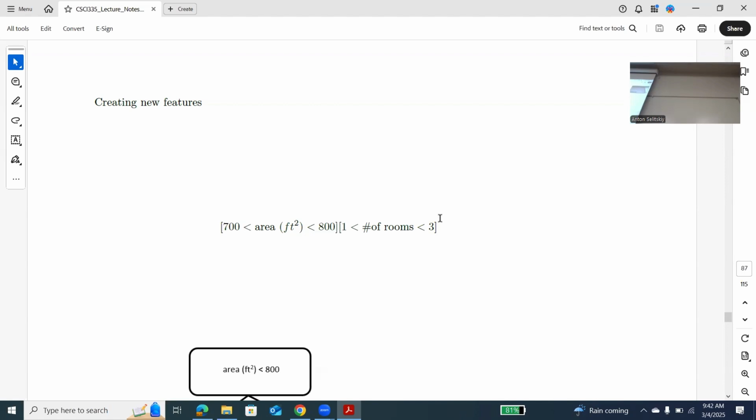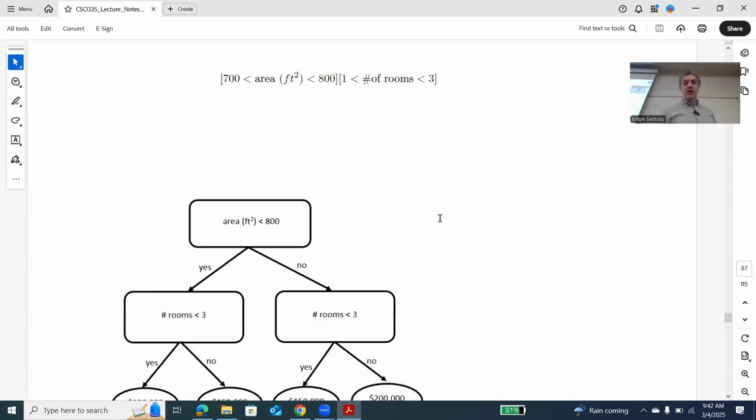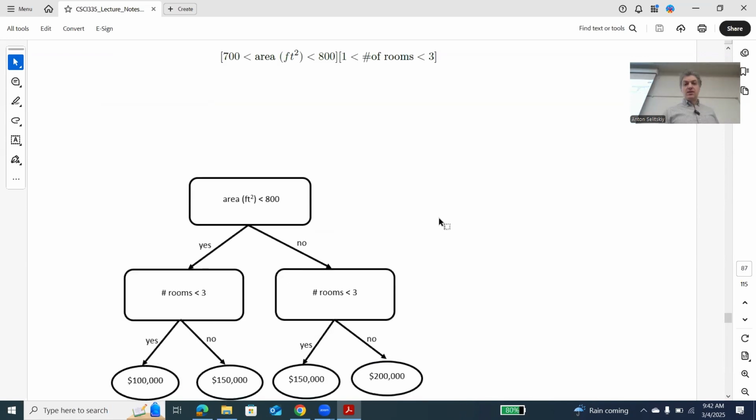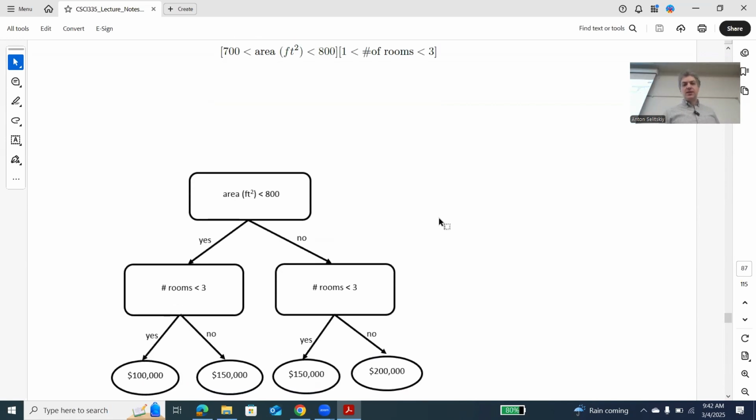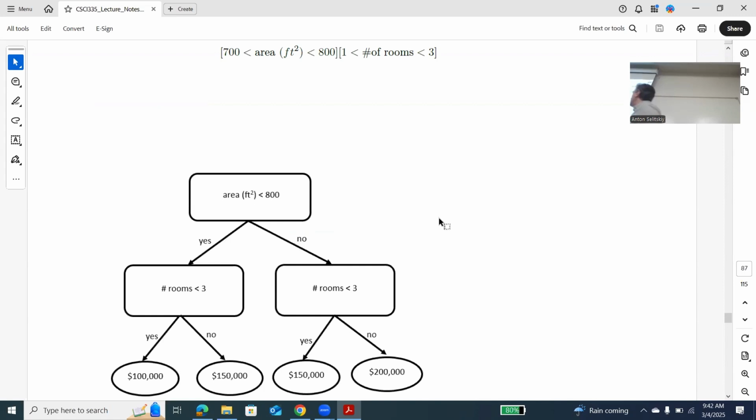So let's start with one idea: how we can combine two features.